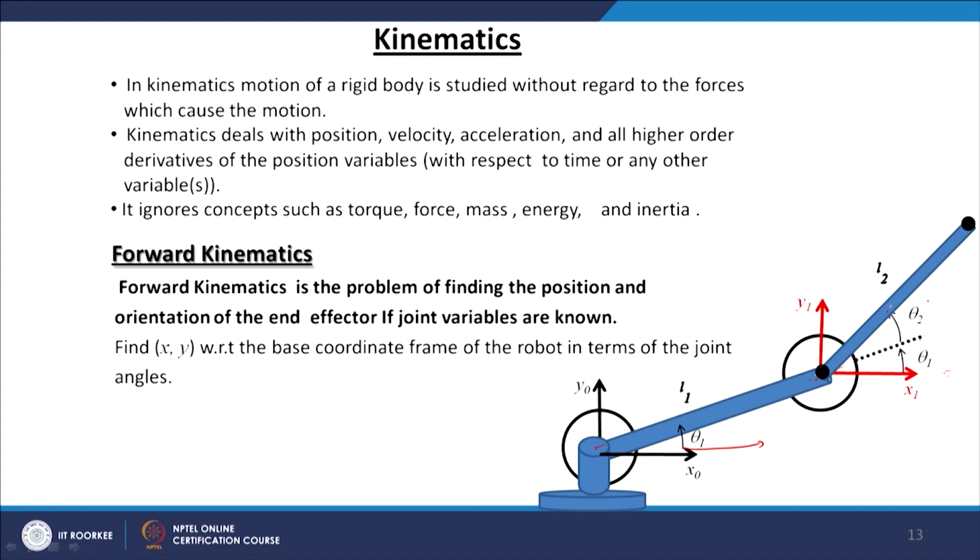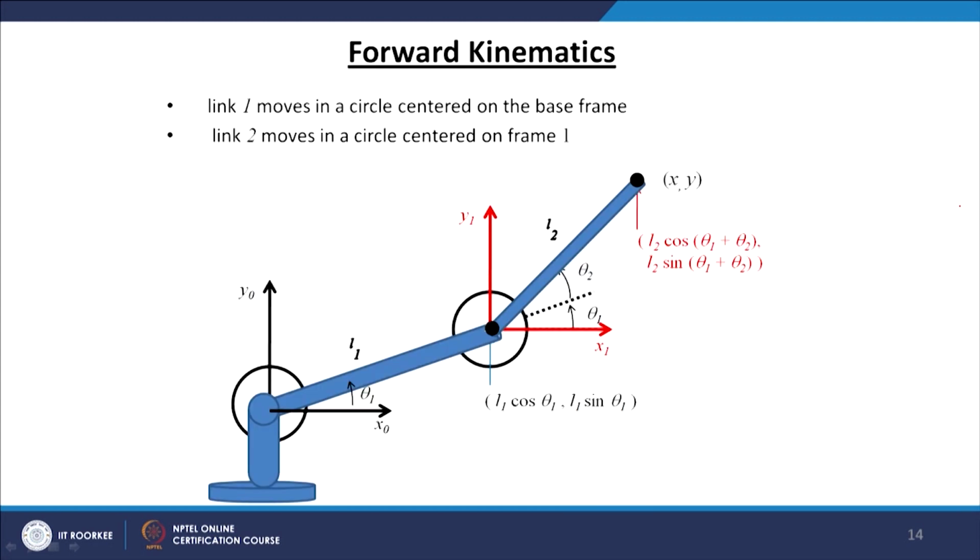So, using this information and the information that the length of link 1 is L1 and link 2 is L2, we can easily get the equation connecting x, y and theta 1, theta 2. That is very simple to see here. The point in x0 y0 space has x coordinate L1 cos theta 1 and y coordinate L1 sin theta 1.